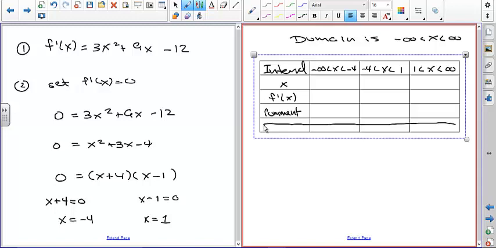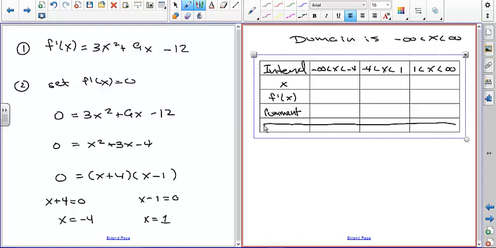If we picked x equals negative 4 and evaluated the derivative, we would get that the derivative is 0. That's why we don't include negative 4. But because a function can only change from increasing to decreasing across a critical number, I know that anywhere in this interval, it's going to be either an increasing function or a decreasing function.